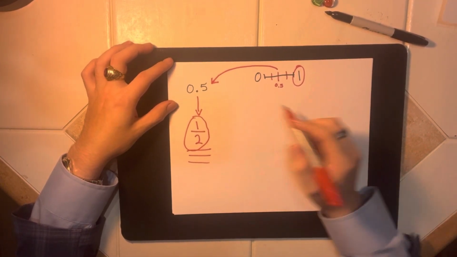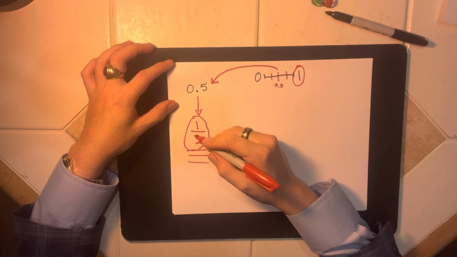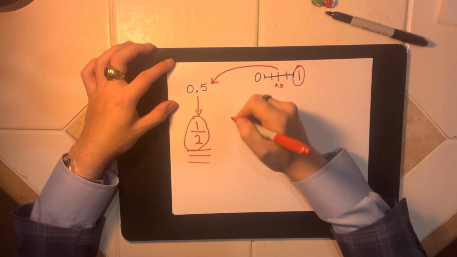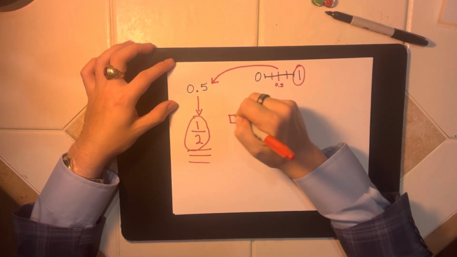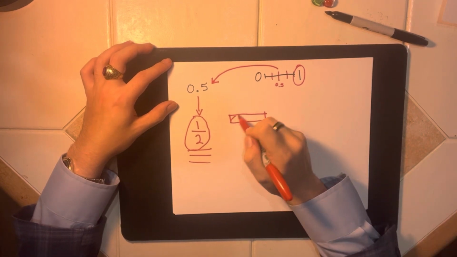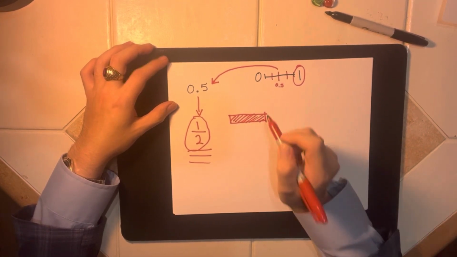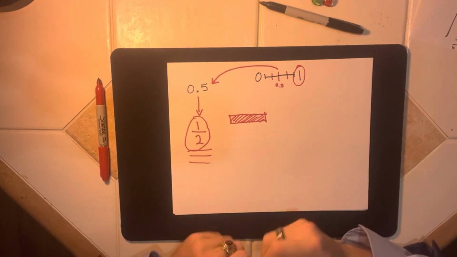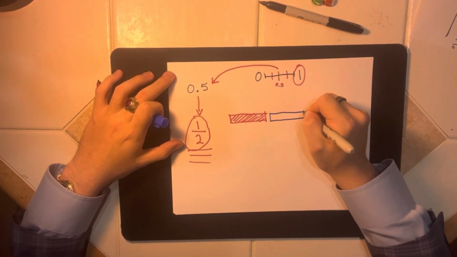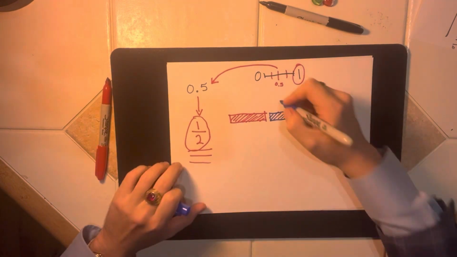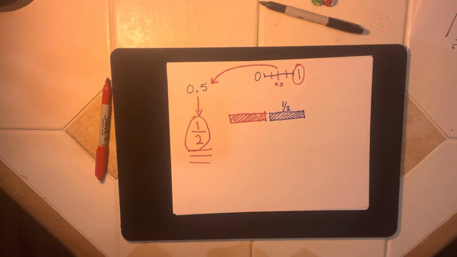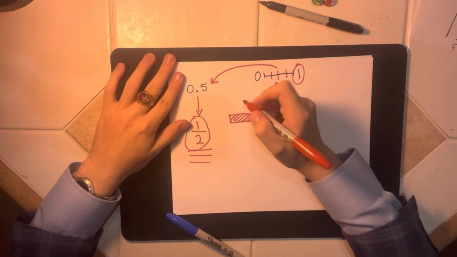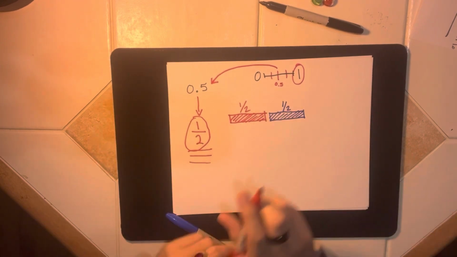So what this means is that just like this, that's 1/2, we have the other half. So this is 1/2, and this is 1/2.